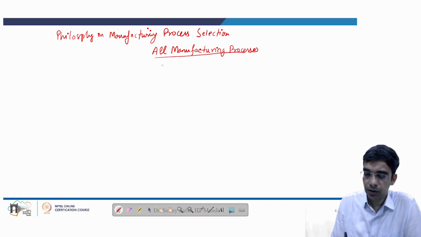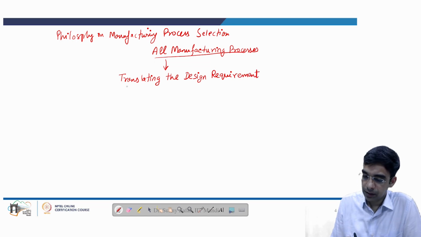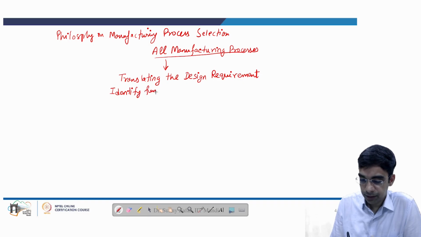So for all the manufacturing process, we first start by translating the design requirement. What I mean by this point is, by translating the design requirement, I mean we need to identify the functionality or the functions.